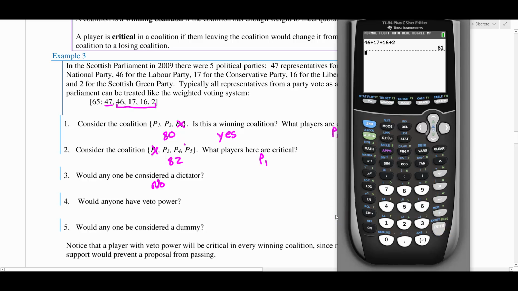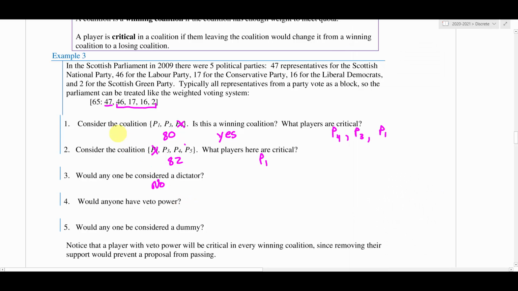And they would have enough votes. So even if player 1 decided to bow out, the other 4 parties could agree to pass a measure, and they could get it done with just them. So there is no one that has veto power here, because if player 1 doesn't have veto power, then none of the other ones are going to have veto power because they don't have as much weight as player 1 to begin with. So no vetoes.